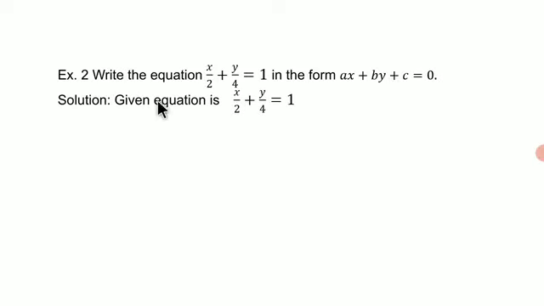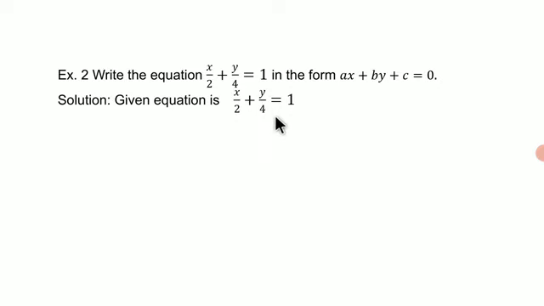Now, see the next example. Example number 2. Write the equation x upon 2 plus y upon 4 is equal to 1 in the form ax plus by plus c is equal to 0. So consider the given equation. It is x upon 2 plus y upon 4 is equal to 1.